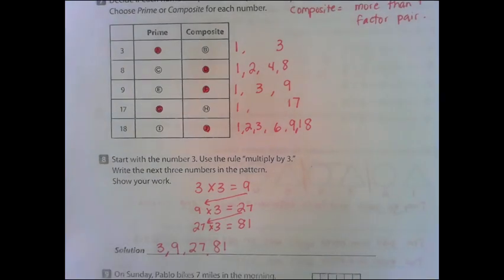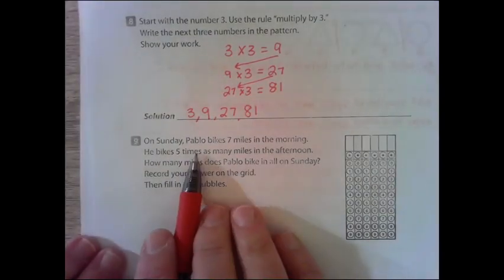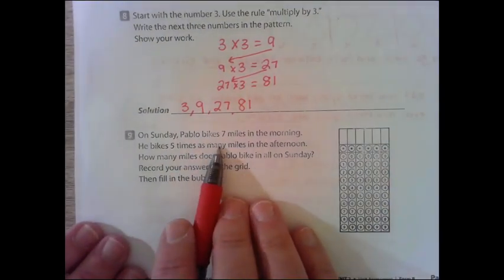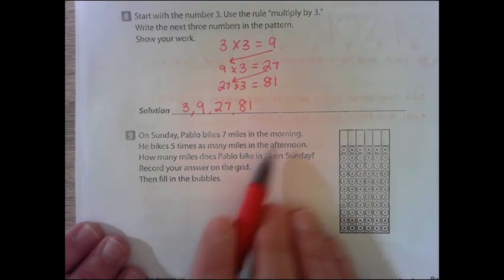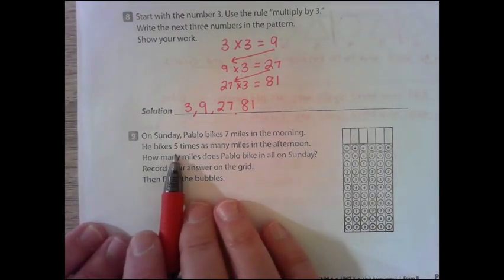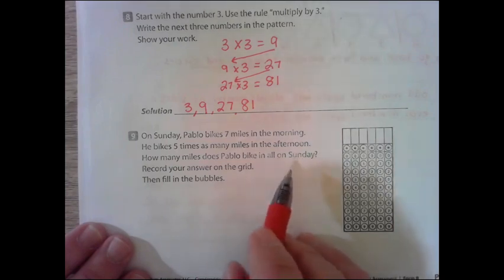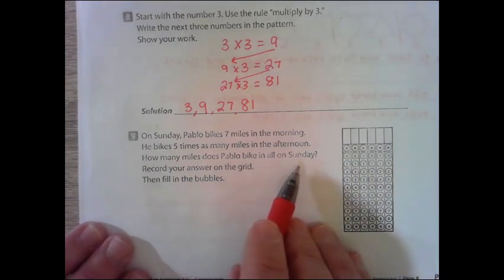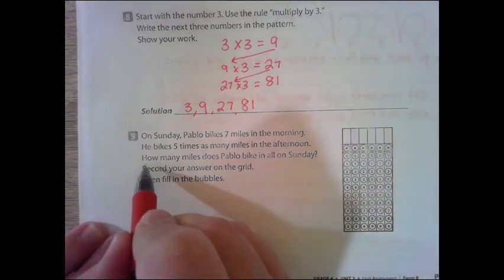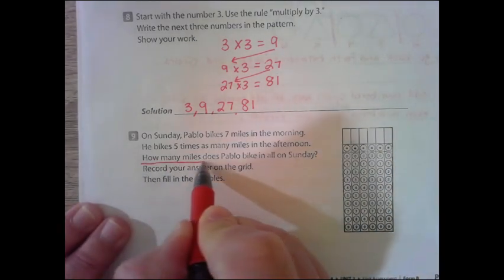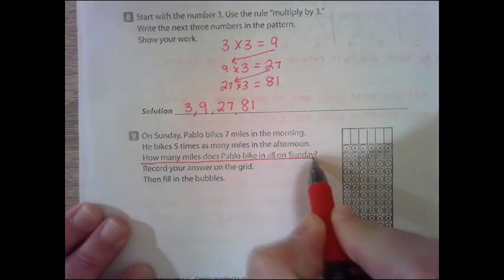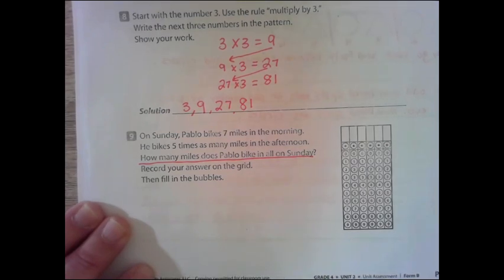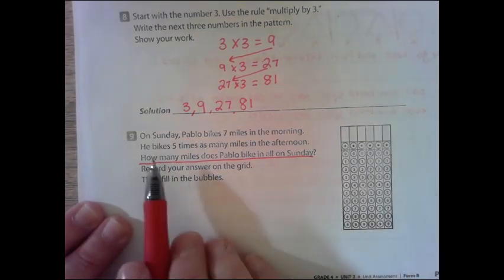Okay. All right. On Sunday, Pablo bikes 7 miles in the morning. He bikes 5 times as many in the afternoon. How many miles does Pablo bike in all on Sunday? So this is where a lot of 4th graders tend to make a mistake with this question.